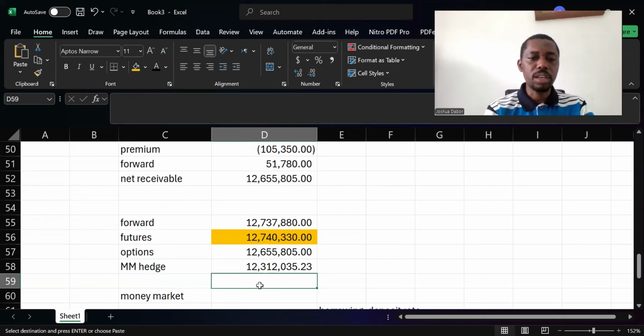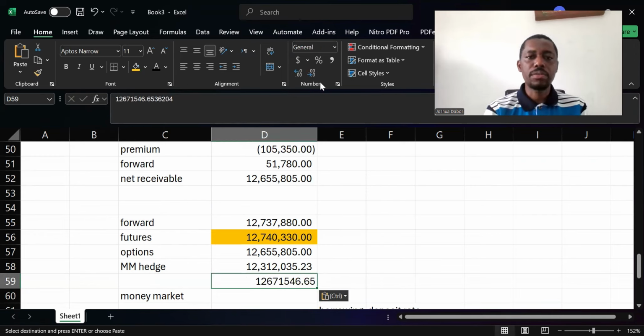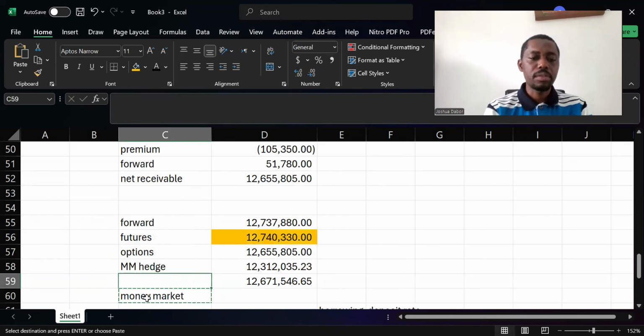So this is the money market hedge here. Let's see what this will give us. Money market hedge is 12,671,000. So the futures contract remains the highest out of the 3 contracts.